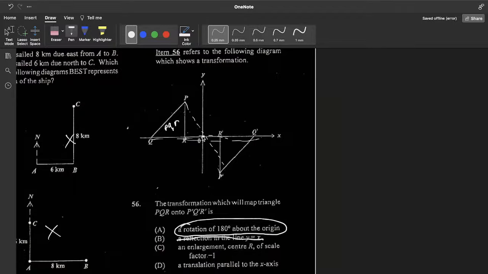So it just so happens that this is the center of enlargement as well, and it passes through that. So that actually could work in this instance as well. But I would say it's a rotation, because if you were to rotate this around, the points would line up. Okay, so we call this a rotation.